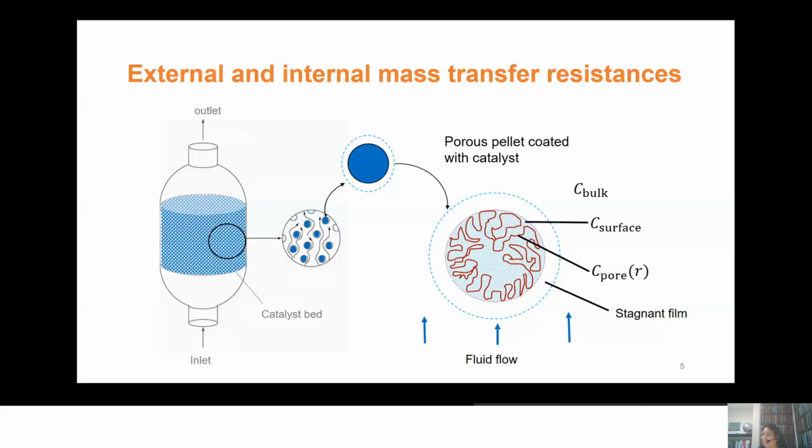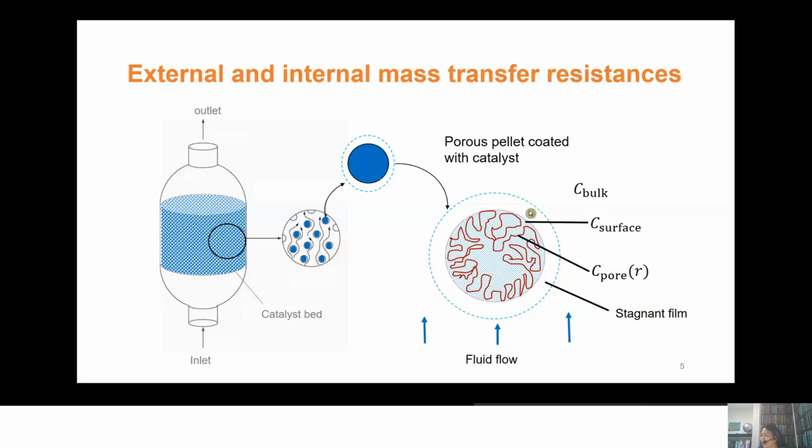Then 1 over Kc times the external area of the catalyst pellets is your mass transfer coefficient for external diffusion. The inverse of that is the external mass transfer resistance.